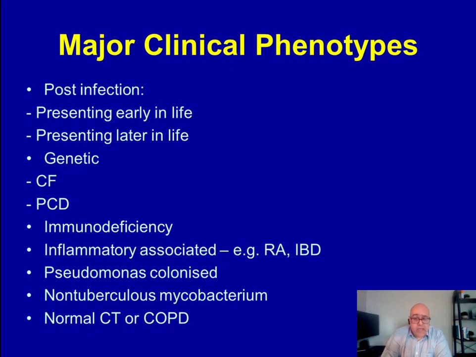Immunodeficiency, association with inflammatory conditions such as rheumatoid arthritis and inflammatory bowel disease. And then we have the microbiological phenotypes, of which Pseudomonas colonization or NTM are very common. And of course, as we just mentioned, the normal CT phenotype.